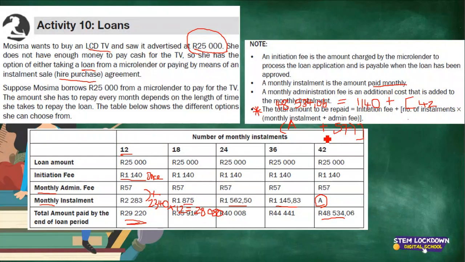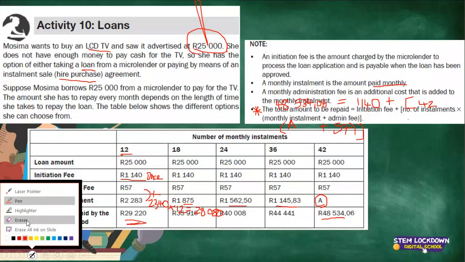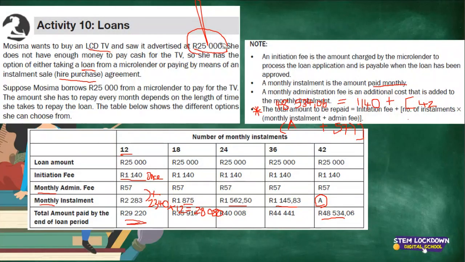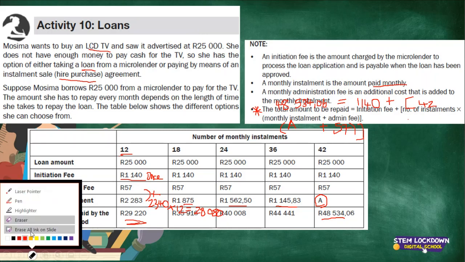Should be easy. 30 more seconds left. 20 seconds left. 10 seconds left. 5 seconds. Okay, your time is up.